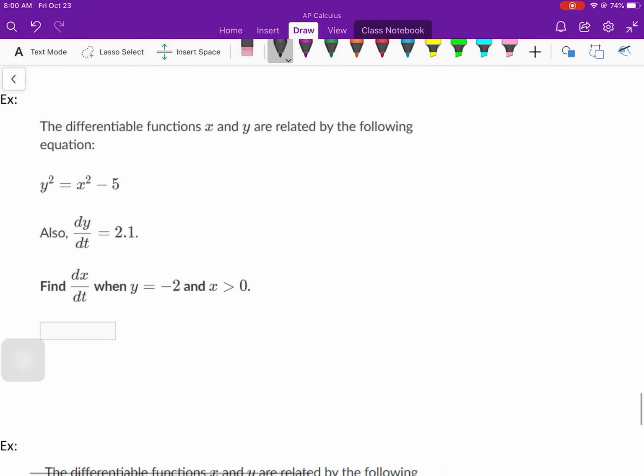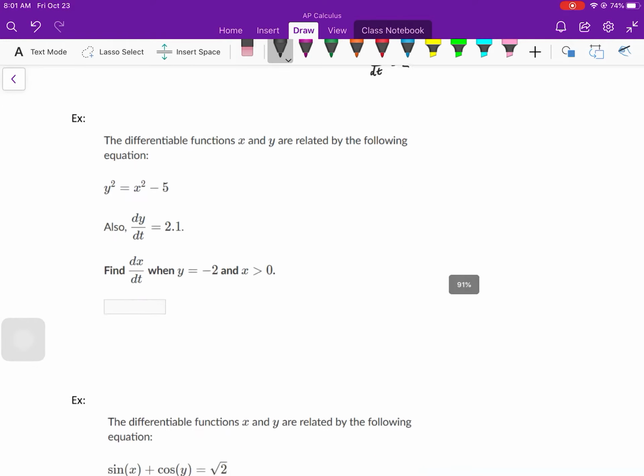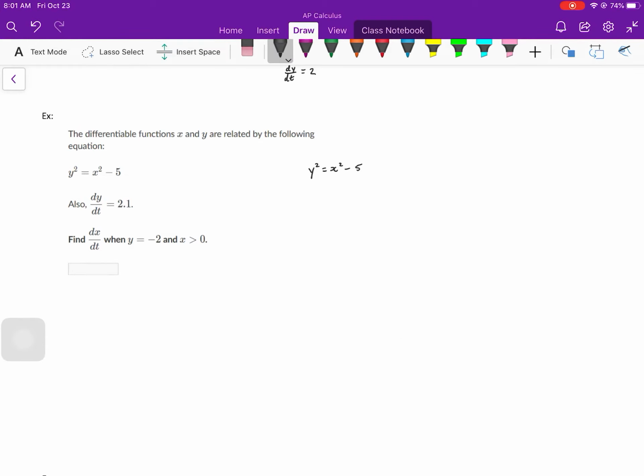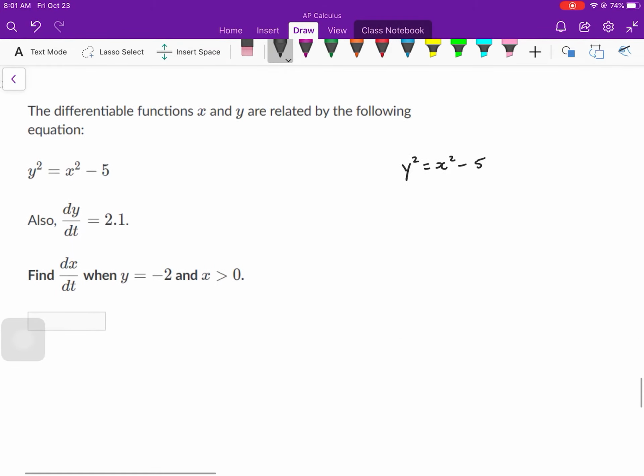So here's going to be a little bit more interesting problem. We're going to solve for dx/dt this time. y is -2, x is greater than 0. We'll figure out what they're talking about there in a little bit. So we have y squared equals x squared minus 5. I know I'm going to need to give myself a little bit more room. I'm going to take the derivative of each side.